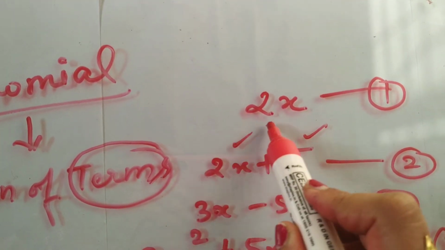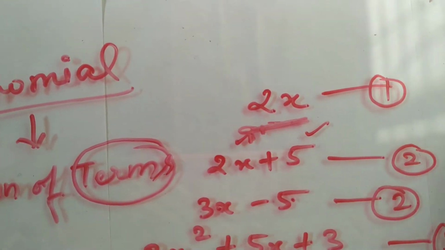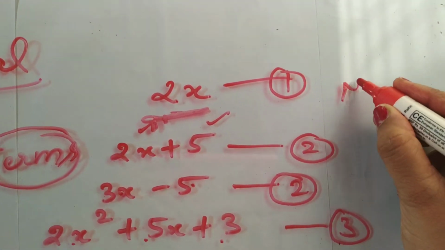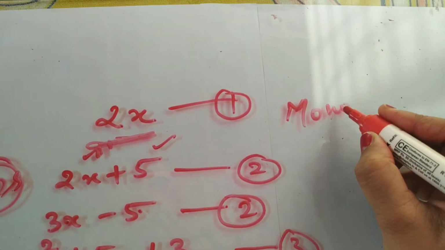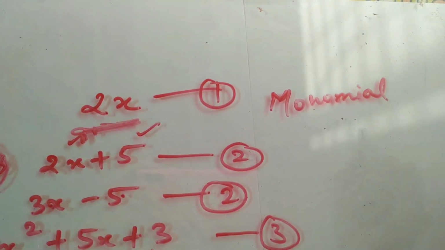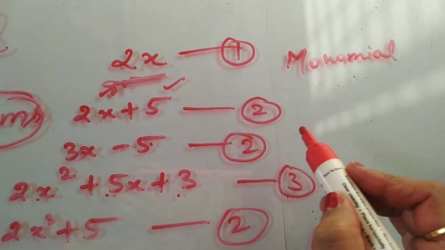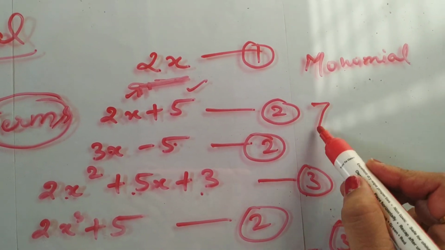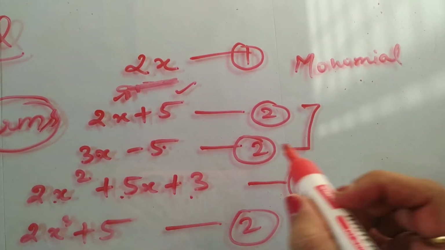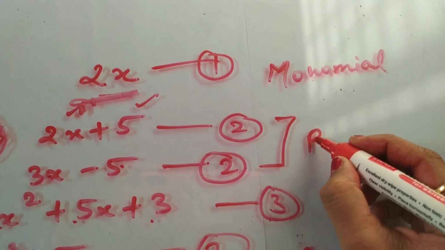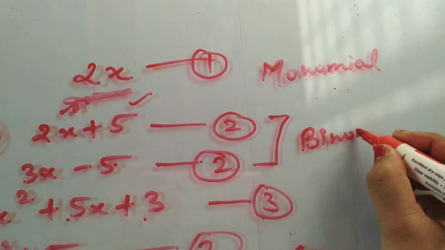Whenever a polynomial contains only one term, that type of polynomial is known as a monomial. Whenever a polynomial contains two terms, it is known as a binomial.